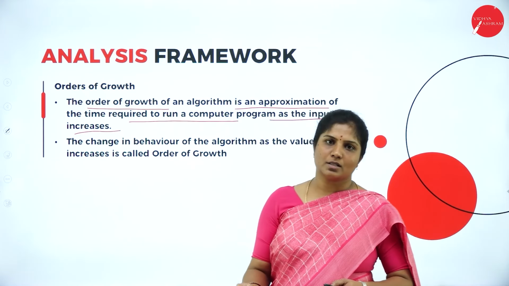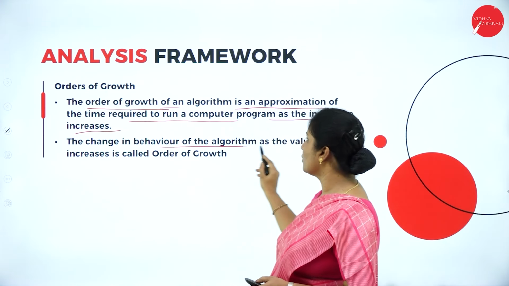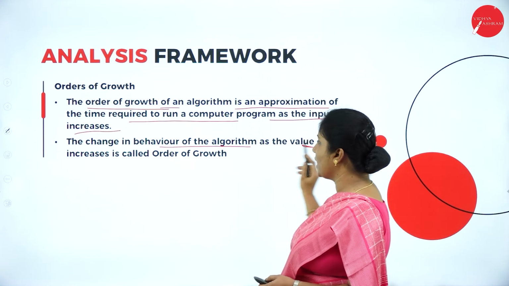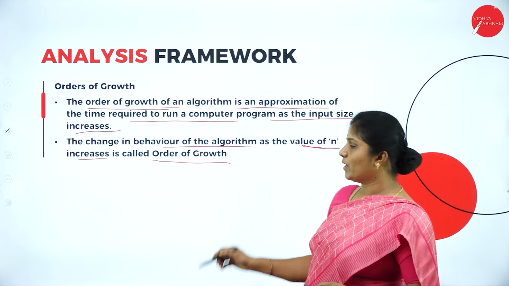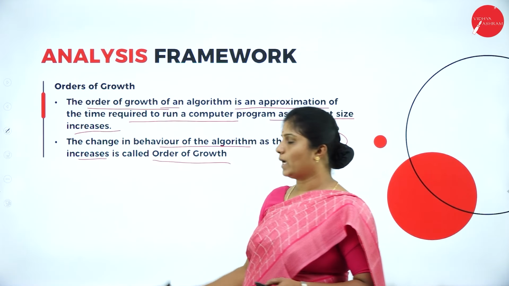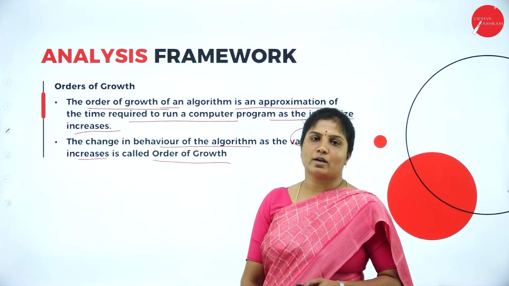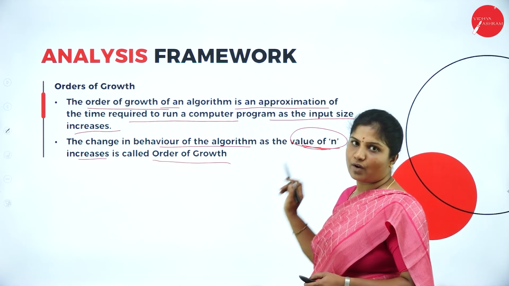Based on this, we can calculate the order of growth. The change in the behavior of the algorithm as the value of n increases is called order of growth. So n is nothing but the input value. The change in the behavior of the algorithm depends upon the value of n, that is, the input value.